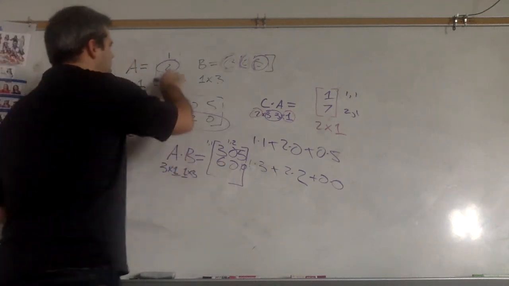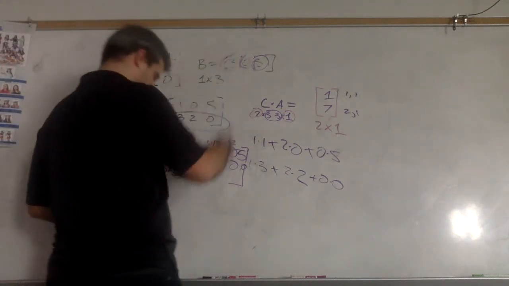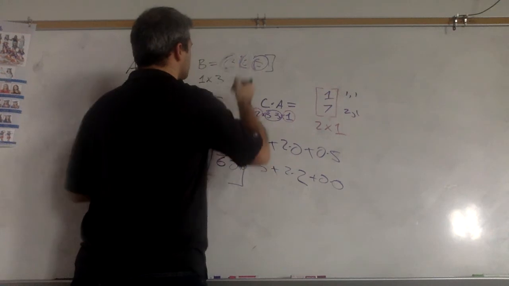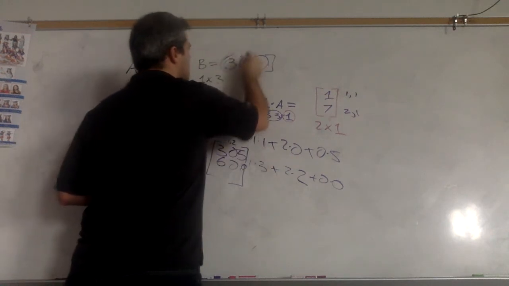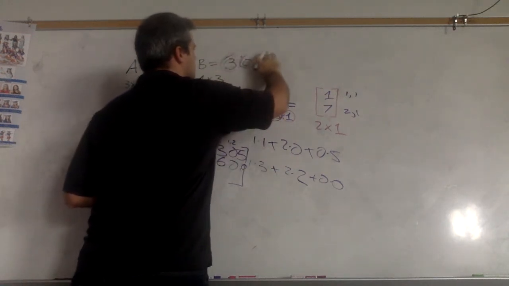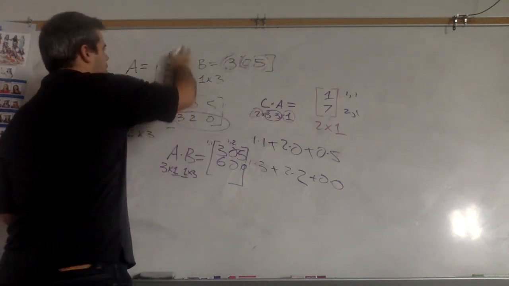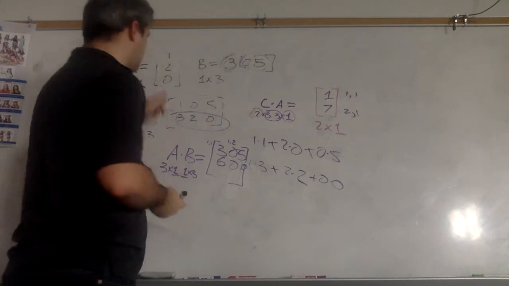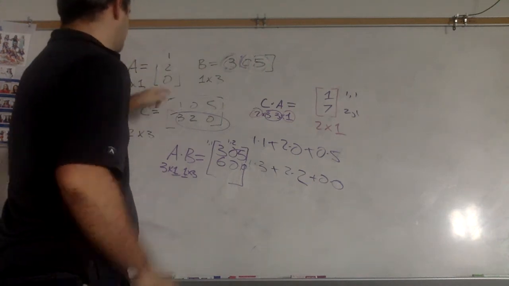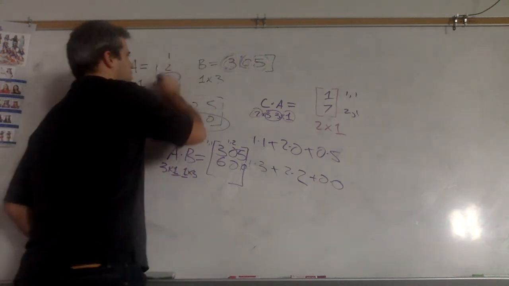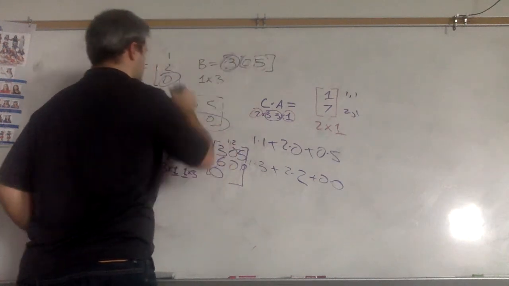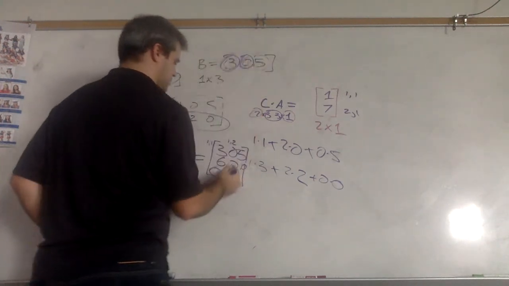Then for row 3, column 1. Row 3, column 2.